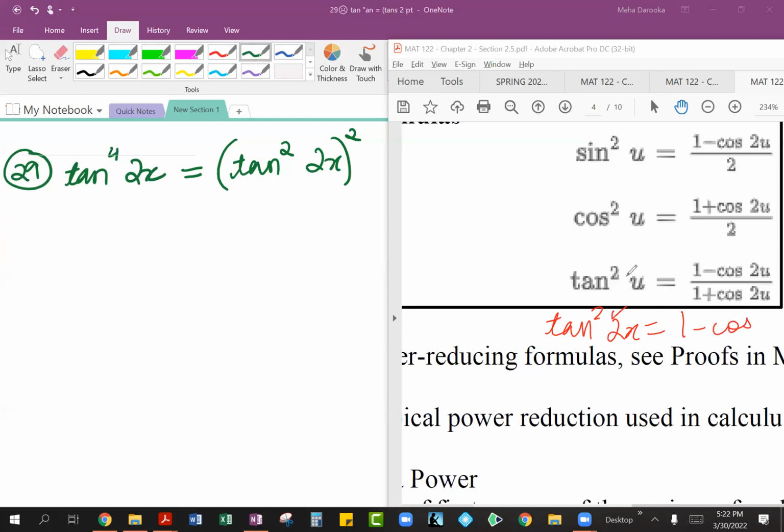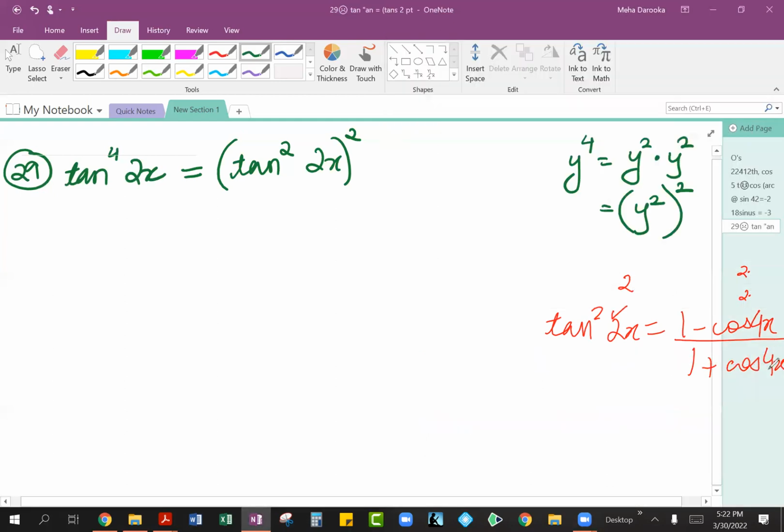Since you have that extra 2 over here, you will actually need to multiply by a 2 in the front. So you will actually end up with 4x and 1 plus cosine of 4x. So again, having to make those changes based on what you are given. So 1 minus cosine of 4x over 1 plus cosine of 4x.